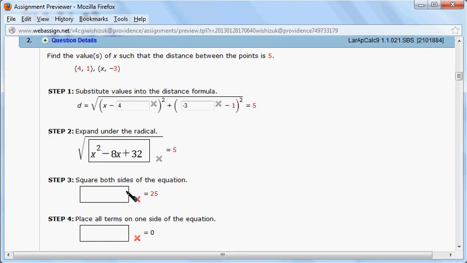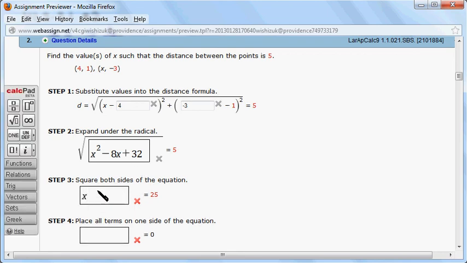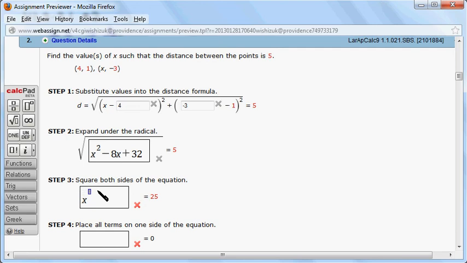Alright, then square both sides of the equation. We can easily do that. We basically take away the square root. So it's going to be exactly the same thing: x squared minus 8x plus 32.